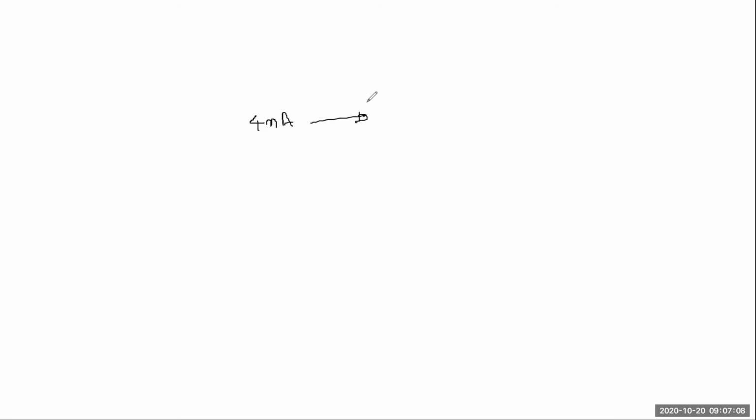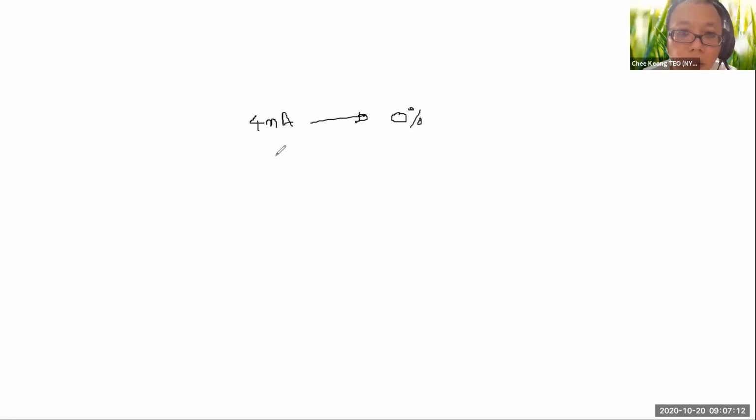So if I draw, right now, 4 milliamp means what? Totally shut, which means 0% opening. The other one is 20 milliamp, which means totally open, so it's 100% open.